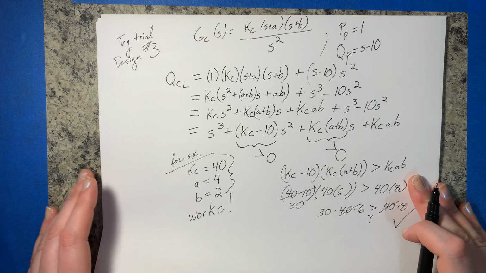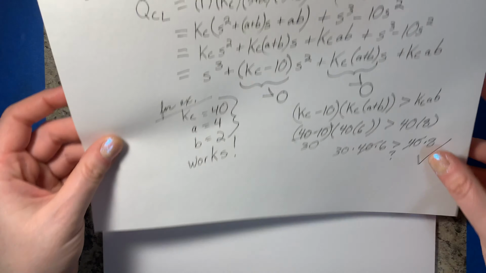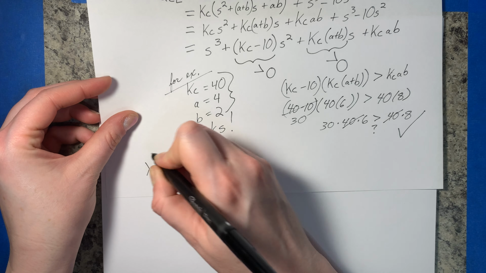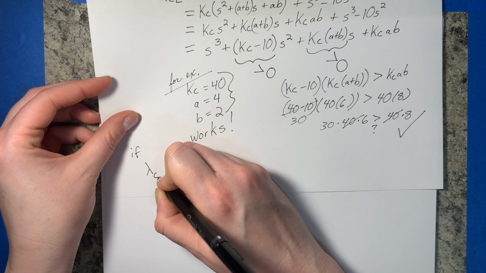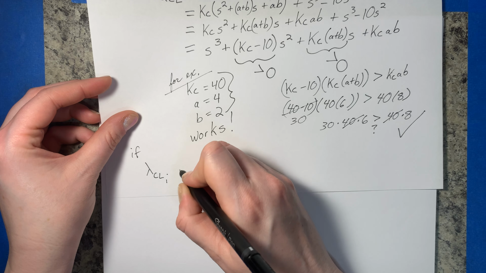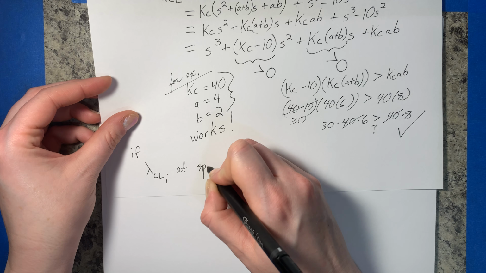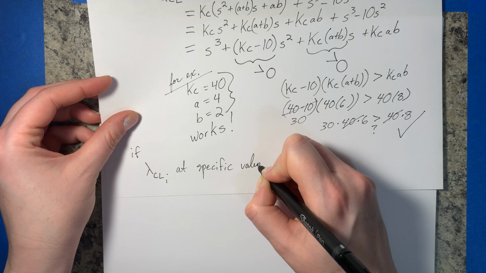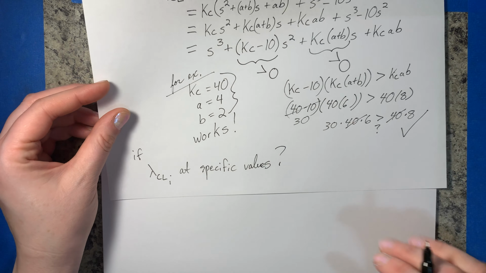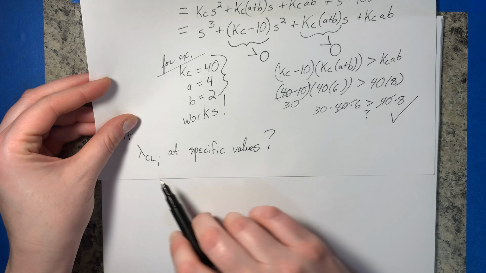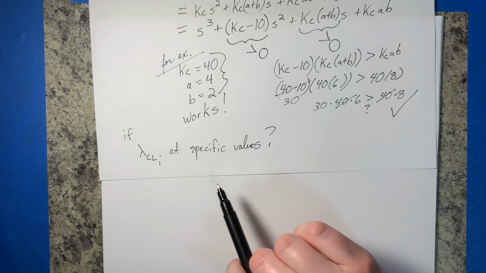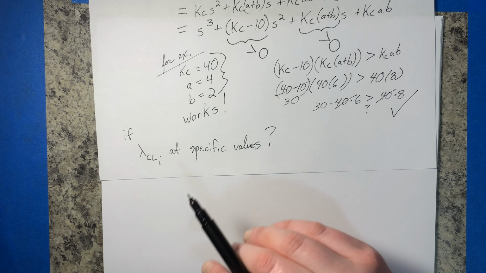But what if we wanted specific roots? What if we wanted to set all the closed loop lambda sub I at specific values? We can do that, and I know I tend to choose real distinct values more often than complex values.